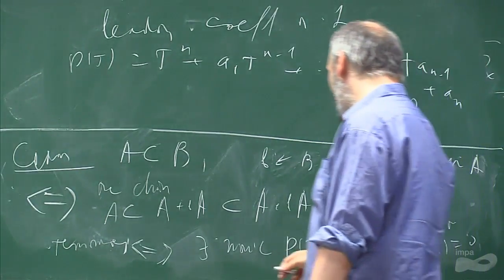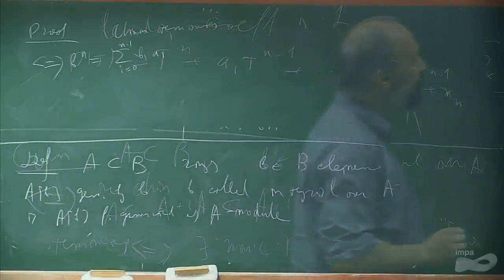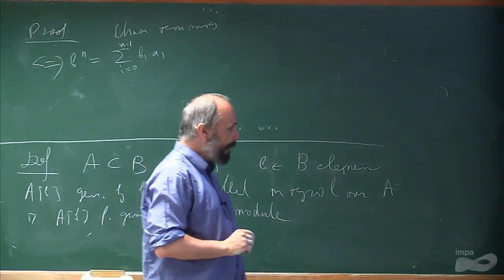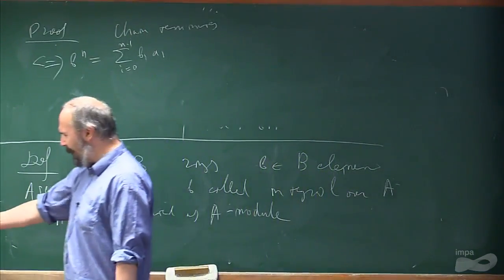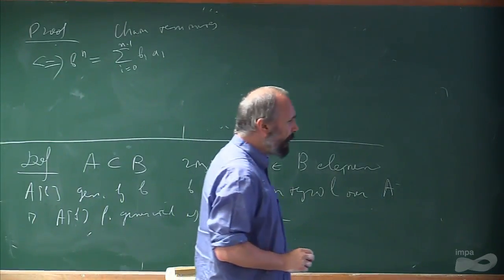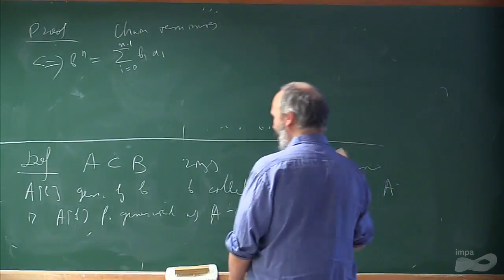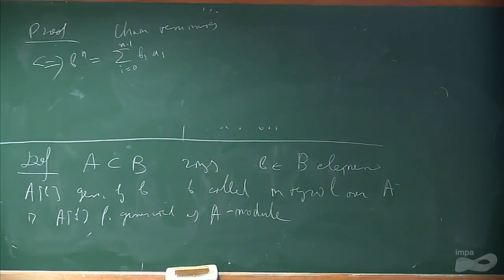So the first, the second, and the third are clearly equivalent. Oh, right. Integral is precisely a monic polynomial. I shouldn't write that, sorry. It's okay, because I'm just forgetting what kind of definition I put there. So b is the root of a monic polynomial.